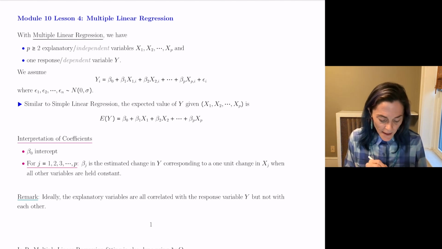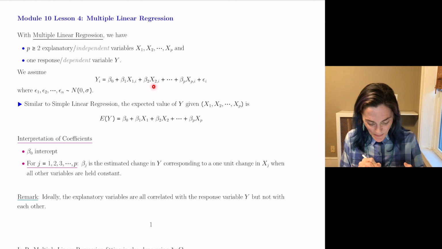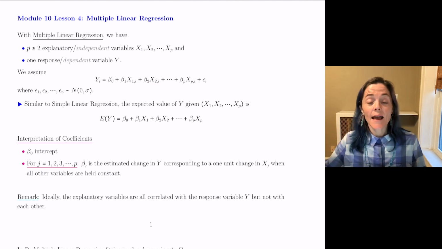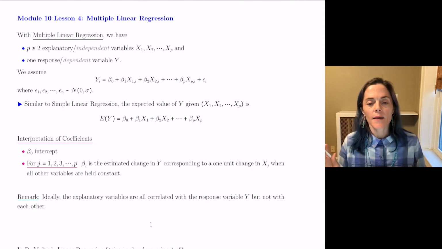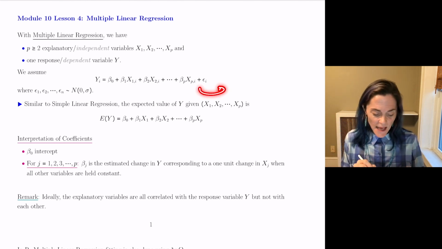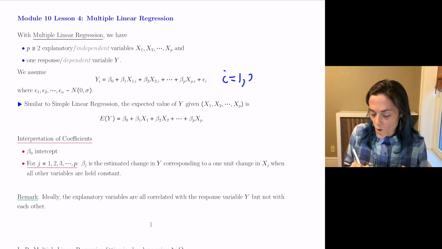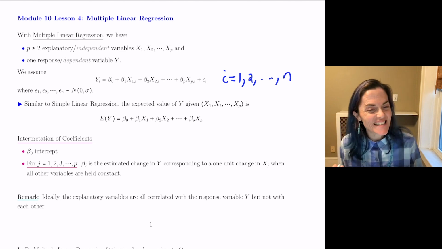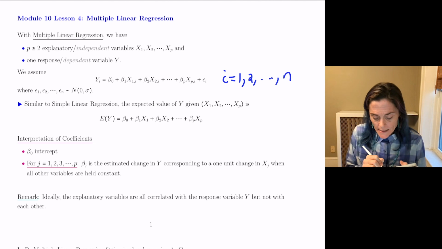We still have 1 response variable. And we assume here that yi is beta 0 plus beta 1 x1i plus beta 2 x2i out to beta p xpi, and then we have this plus epsilon i. So here i goes from 1 to n, the number of observations we have, and then epsilon 1 through epsilon n, this is our random noise.